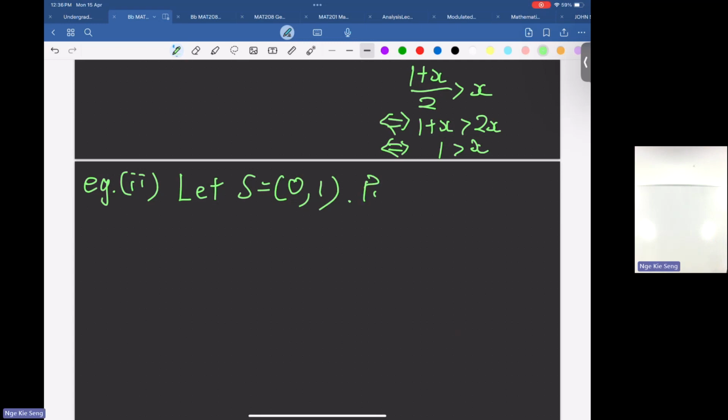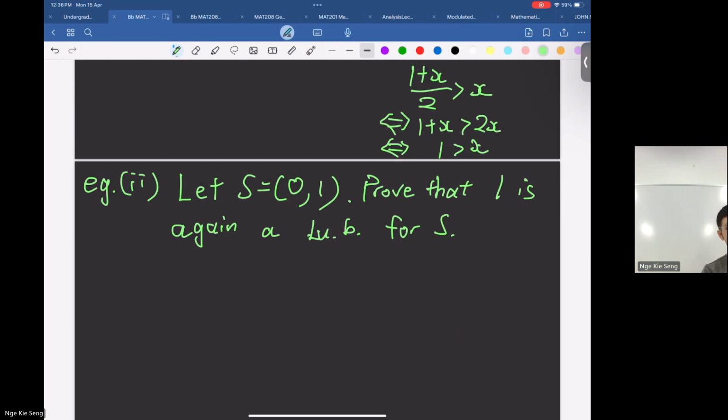Again, prove that 1 is the least upper bound. Then I cannot use the first choice already because 1 is not in there, right? Okay. So I can use the second method I did just now.